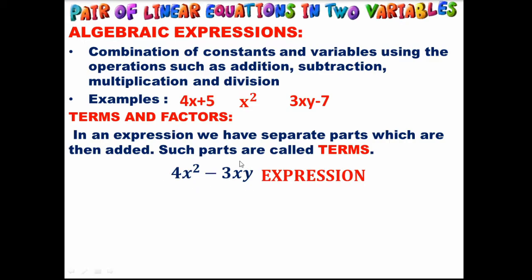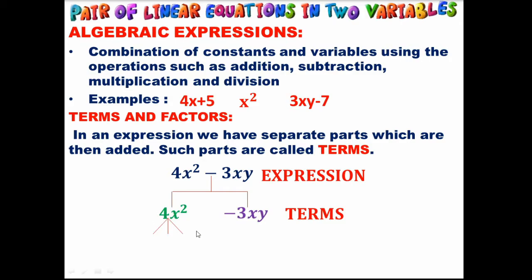This expression has two different parts, isn't it? The first part is 4x square and the next part is minus 3xy. They are separate parts and they are combined to give the expression. And these parts are called terms. You understand? So what are terms? They are the separate parts of the expression.